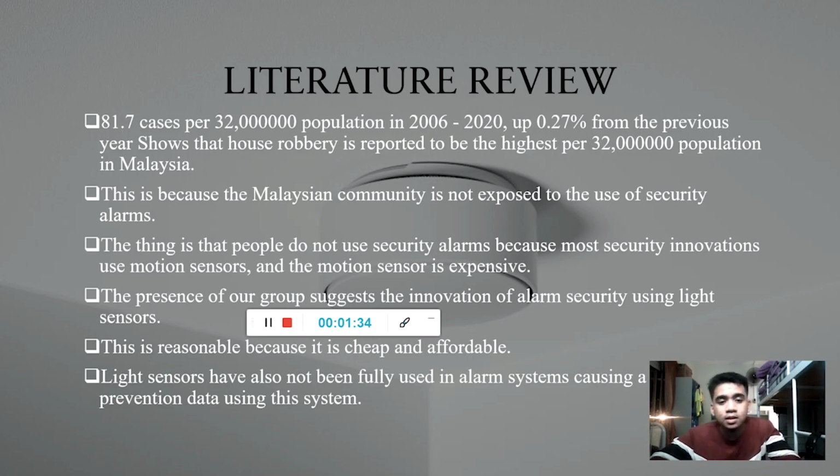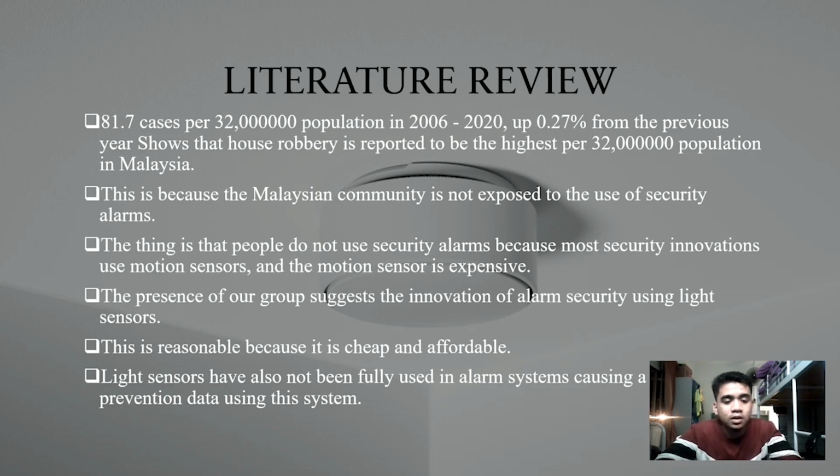The third point is that people do not use security alarms because most security innovations use a motion sensor, and the motion sensor is expensive, so people cannot get this kind of alarm because the price is so expensive. Next, our group suggests the innovation of an alarm security system using a light sensor, because the light sensor is cheaper than the motion sensor.